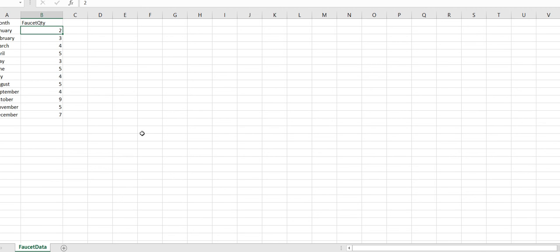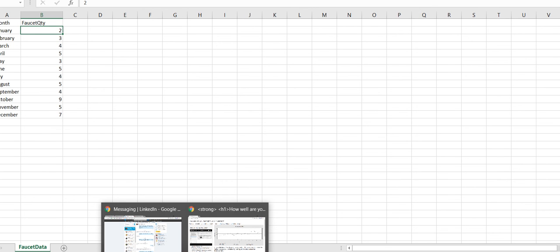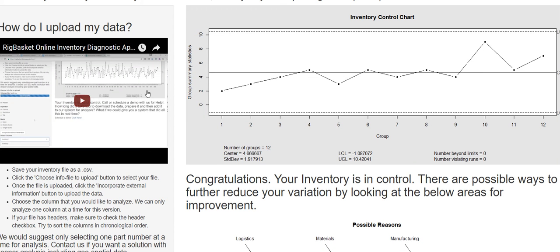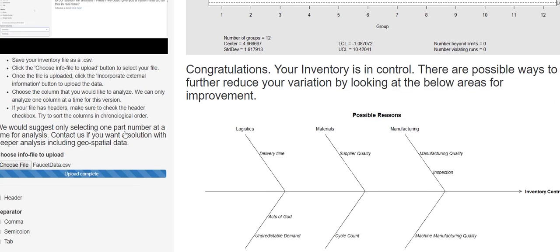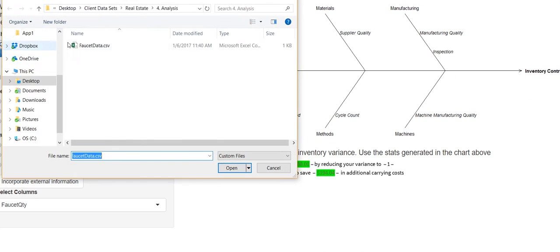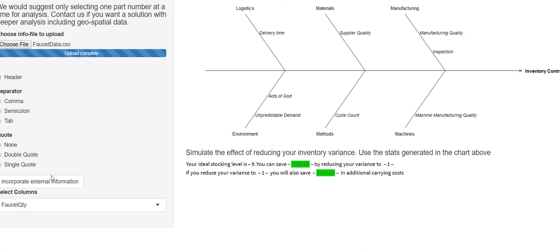But I wanted to show you how effective the Rig Basket platform can be, just to find out your optimal stocking level. So let's go to the Rig Basket platform, and let's pick faucet data, incorporate external information, and then go to faucet quantity.